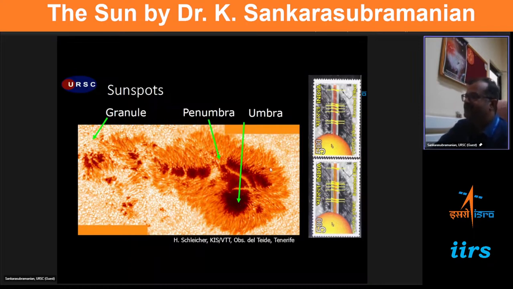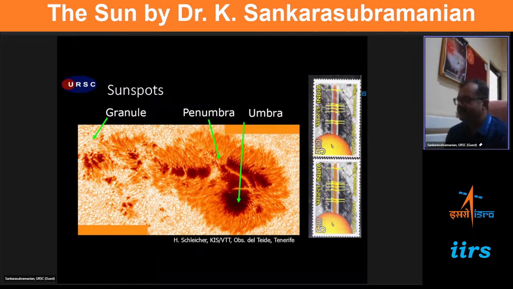And in the penumbra, we also see that there are a lot of flows happening. We call that a siphon flow. These flows were discovered by a person called Evershed at our Indian facility, Kodaikanal Solar Observatory.